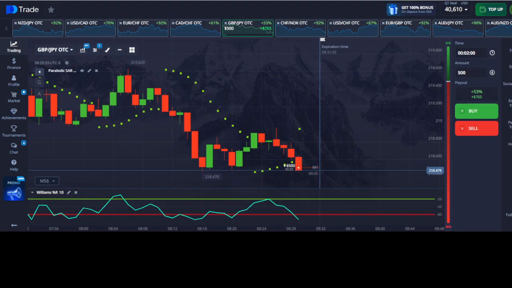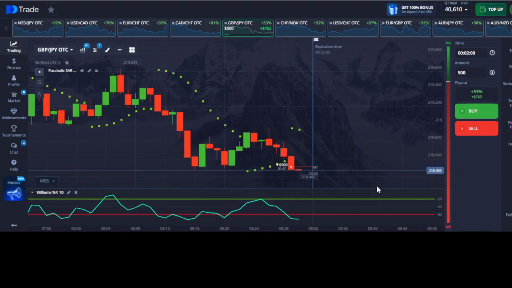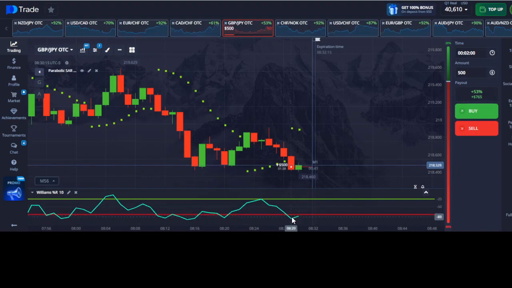Okay, so I'm on the Great British Pound Japanese Yen currency pair, and I just took a sell trade here. And the reason why I took the sell trade is, first of all, the Williams percent R line crossed below the red 80 line here in a downward direction.